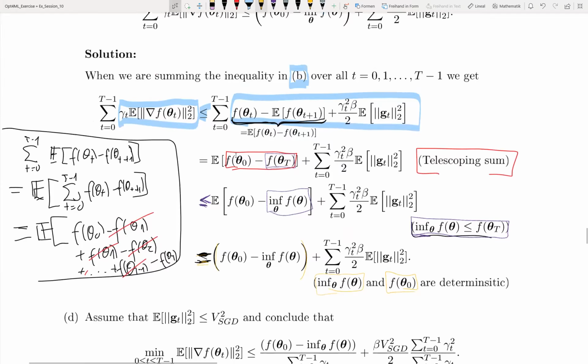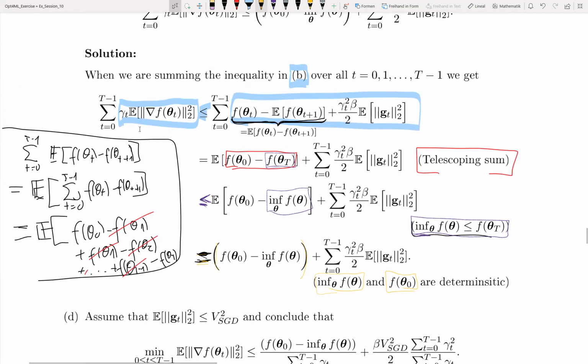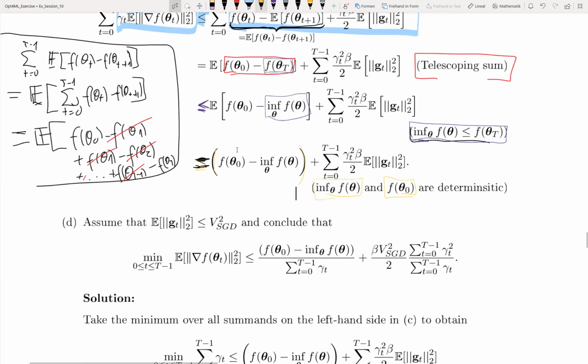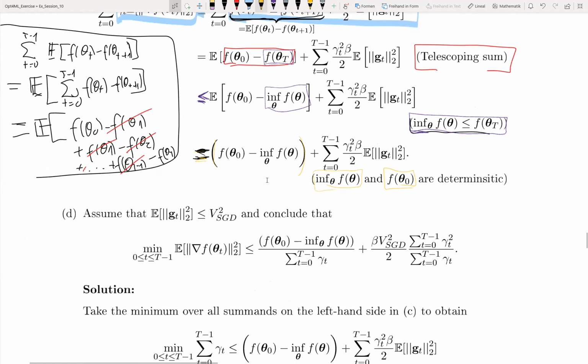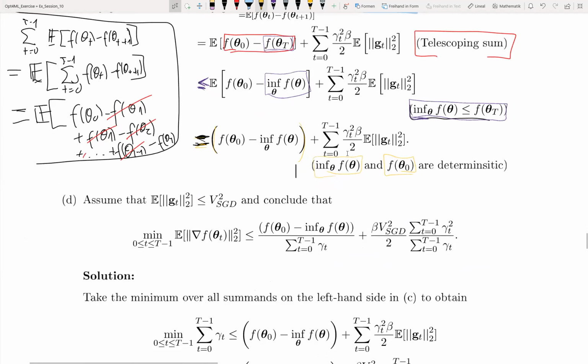So the sum over the expected squared Euclidean norms of the gradients we encounter times the gamma t is smaller than or equal to the error we have in the beginning, the objective value at the very first iteration and the infimum we want to have, plus then the expected values of the stochastic gradients with a gamma t squared multiplication.